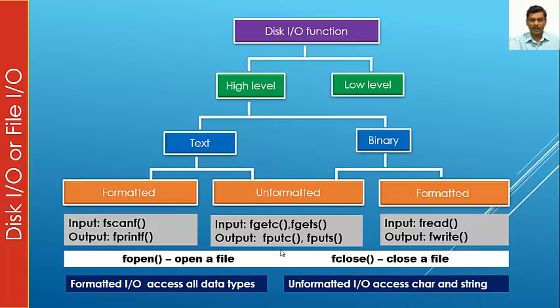After completing the process, we must close the file. Otherwise, the stream established at file open between RAM memory and hard disk remains. If we want to remove the stream, that is the connection between RAM memory and hard disk, we use the fclose function.